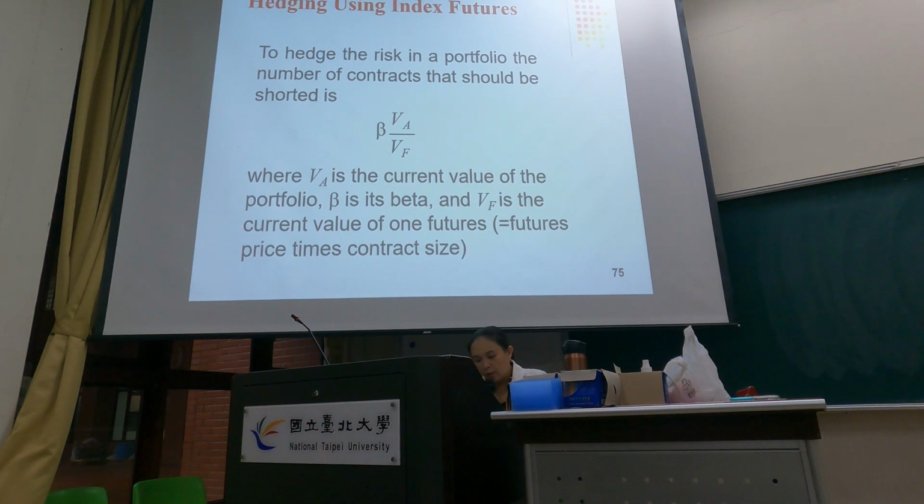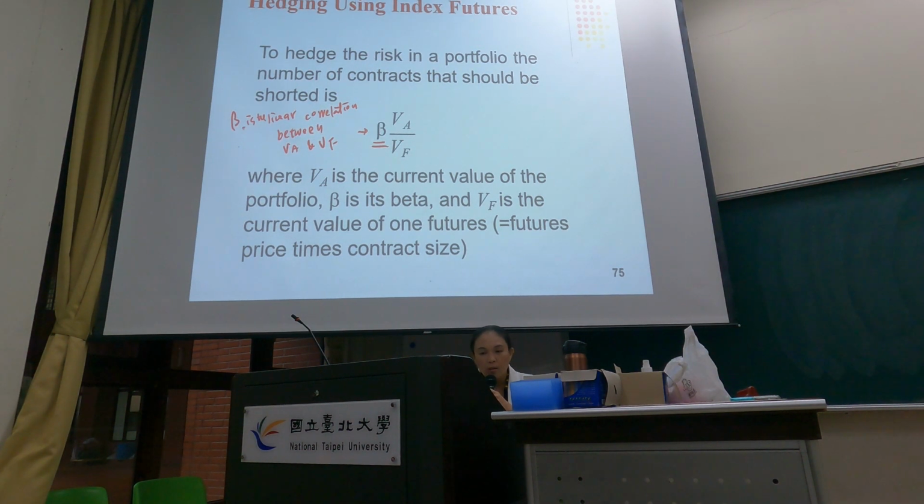All right, okay, finally, I think we tried this kind of question before as well. This is related to using index futures to hedge your portfolio, right? So to hedge the risk of a portfolio, we need to figure out the correlation between your portfolio and the underlying index futures, right? So that's the beta, the linear correlation, instead of tau. Okay, so beta is the linear correlation between VA and VF.